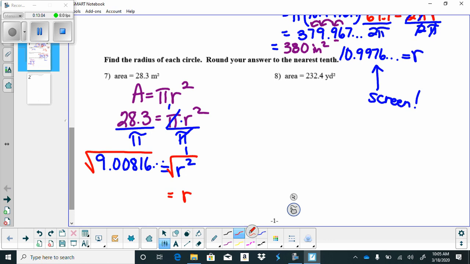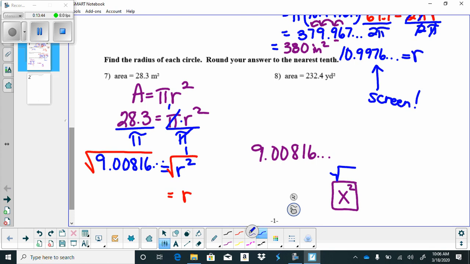All right, so on your screen is still the number 9.0086. Above the x squared button, there is a little blue symbol. You're going to activate that blue symbol because you're trying to find the square root of it.